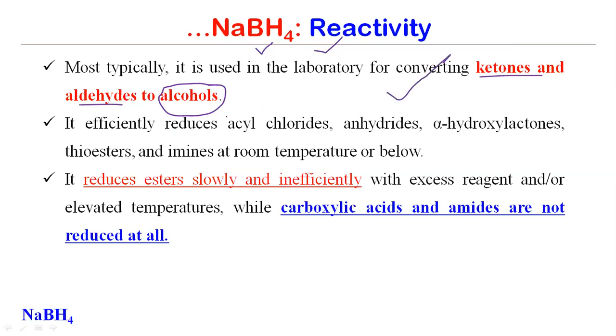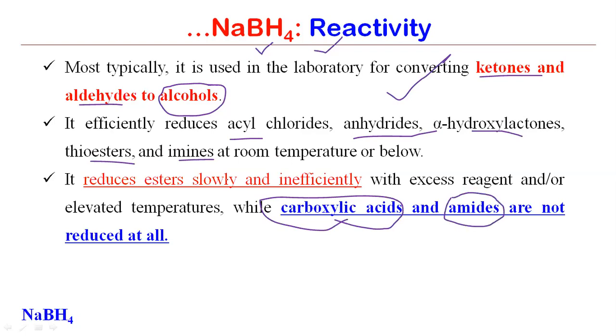Everyone knows that. It can also be used to reduce acyl chlorides, anhydrides, alpha-dihydroxy lactones, and thioesters. So there are some compounds which can also be reduced using sodium borohydride. When we discuss the reducing power, carboxylic acids and amides cannot be reduced using sodium borohydride. Even esters cannot be reduced.